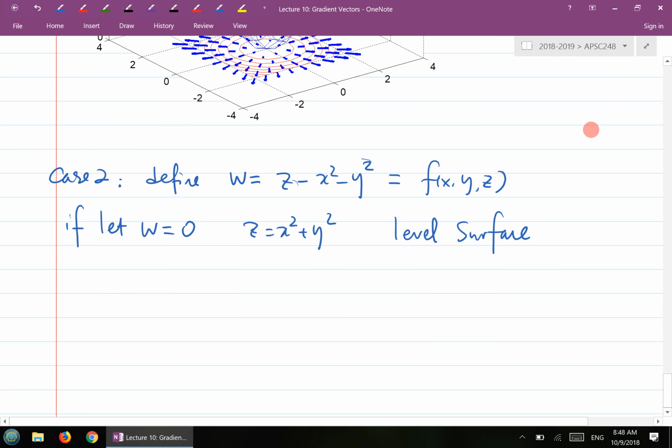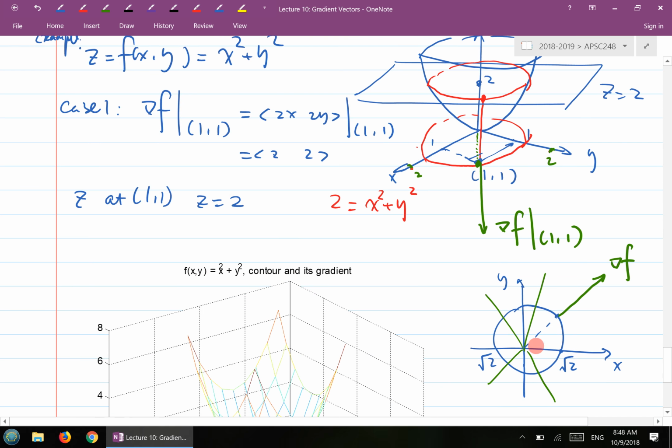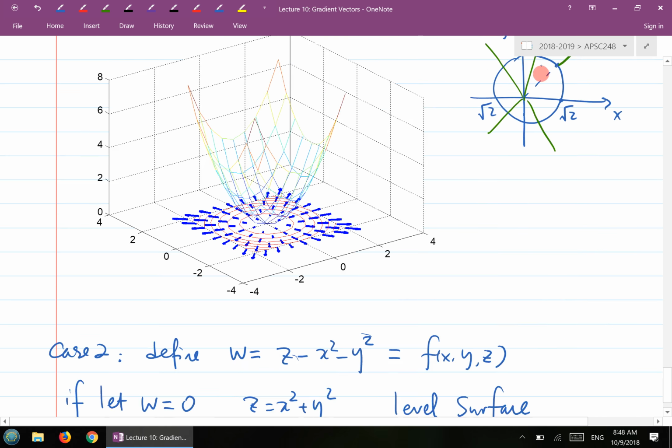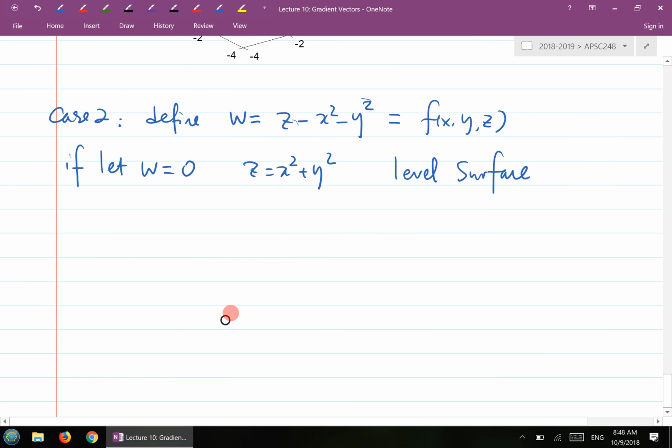But what I wanted to show you now is, previously we calculated the gradient vector, del f, which is for a function of 2 variables. Now this time I wanted to calculate del w, which is a function of 3 variables. So what is del w then? That's partial w over partial x, partial w over partial y, partial w over partial z.